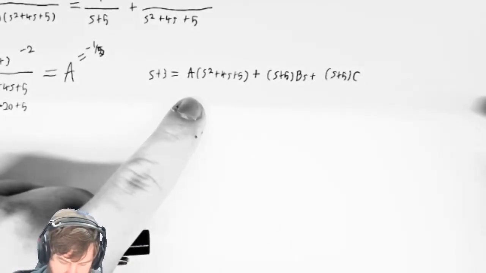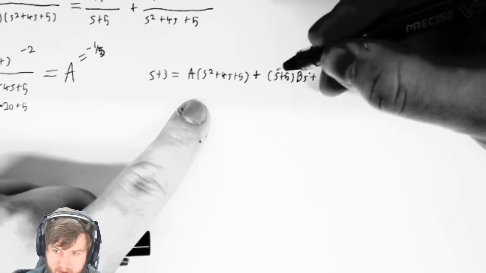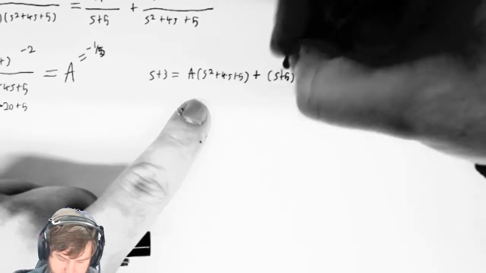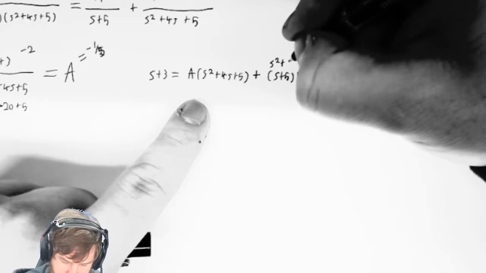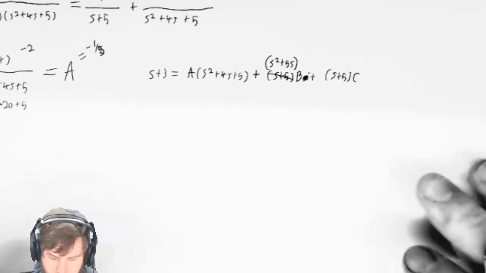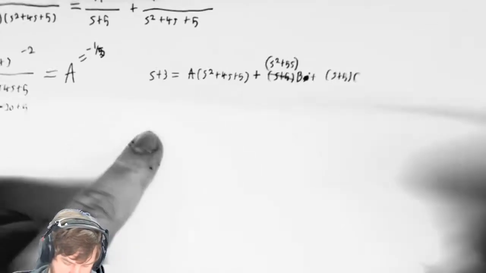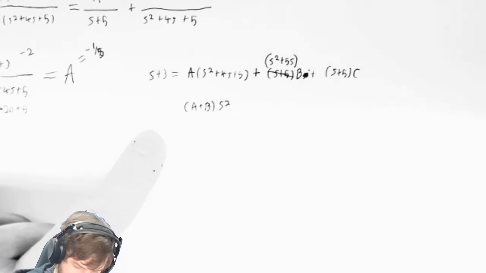So for s squared, I'm going to take this s right here and distribute it out into here. So that's going to give us s squared plus 5s. So for s squared, we have a B term and an A term. So we have (A + B) s squared.